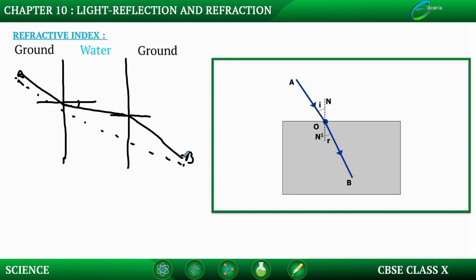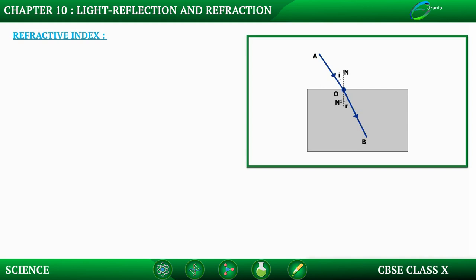Something like this. Clear? Because our speed is different in different media, to reach between 2 points in the least time, we will alter our path so that we cover more distance in the faster medium and less distance in the slower medium. Something similar the light does.